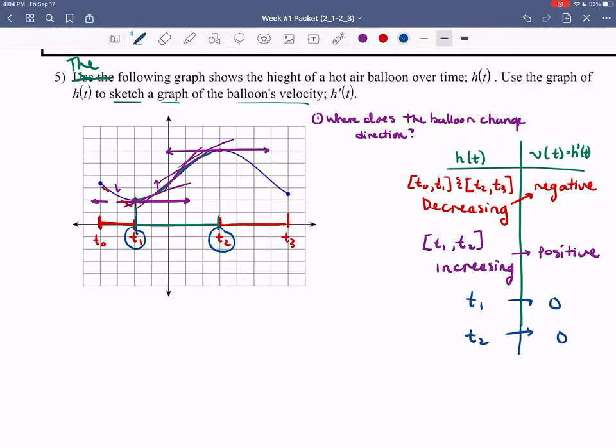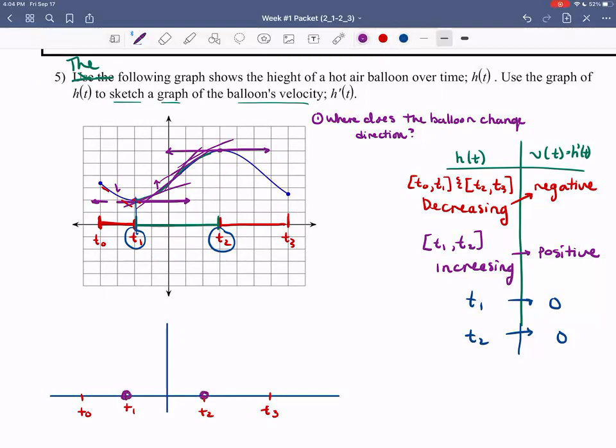So if we want to draw a quick sketch of what this graph would look like here, and by the graph, I mean the derivative, I'm going to label my points, t0, t1, t2, and t3. And we know at t1, our derivative is 0.